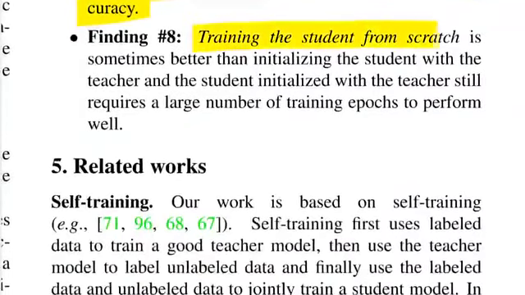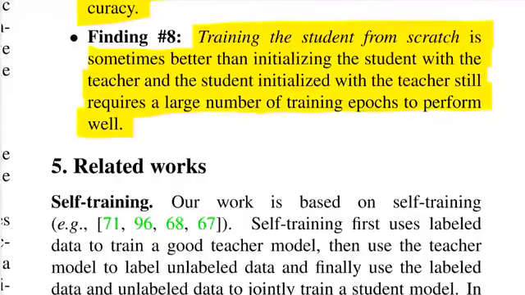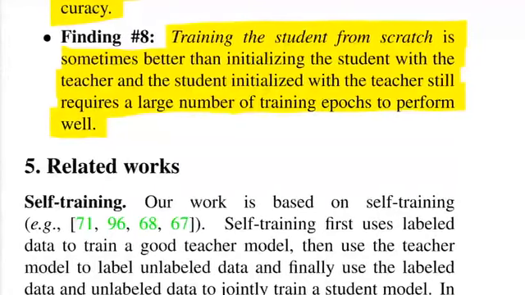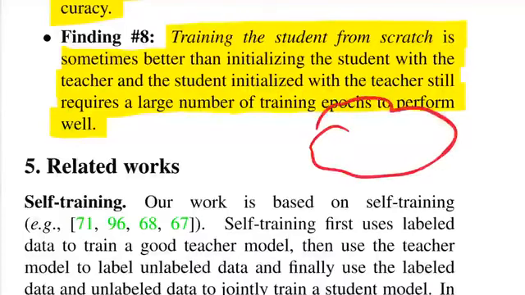And number 8, training the student from scratch is sometimes better than initializing the student with the teacher, and the student initialized with the teacher still requires a large number of training epochs to perform well. This is fairly interesting because it alludes to the fact that the minima in weight space, of course if the student model is the same as the teacher model, like in iteration 2 or 3 or whatnot, it means that in weight space you might want to start the student here and the minimum is right here.